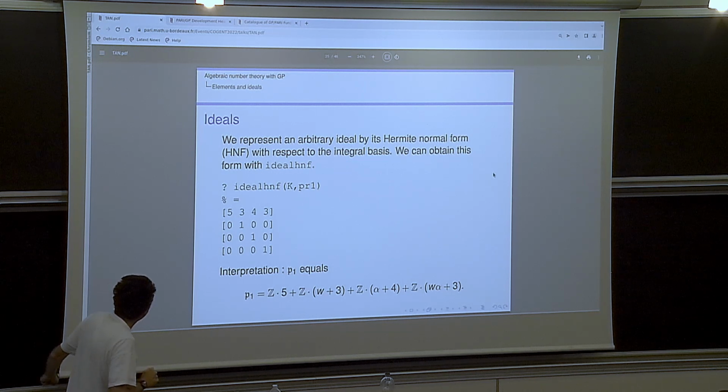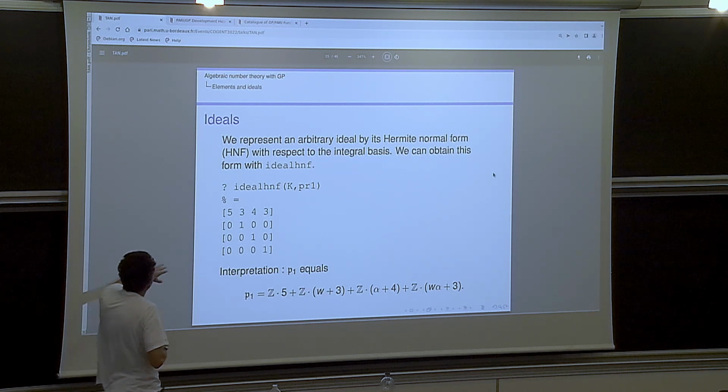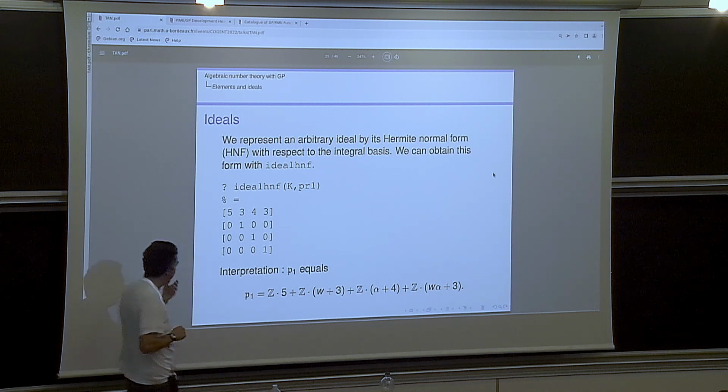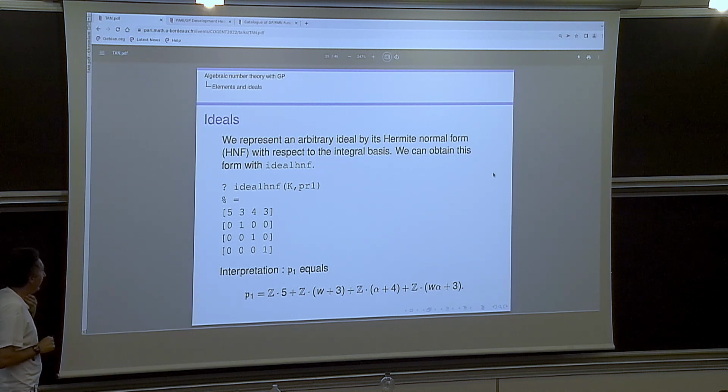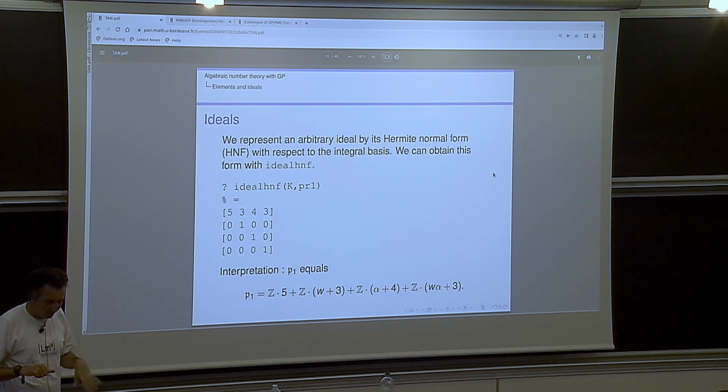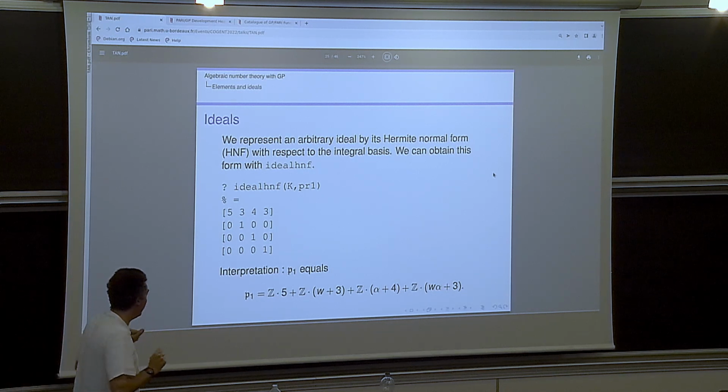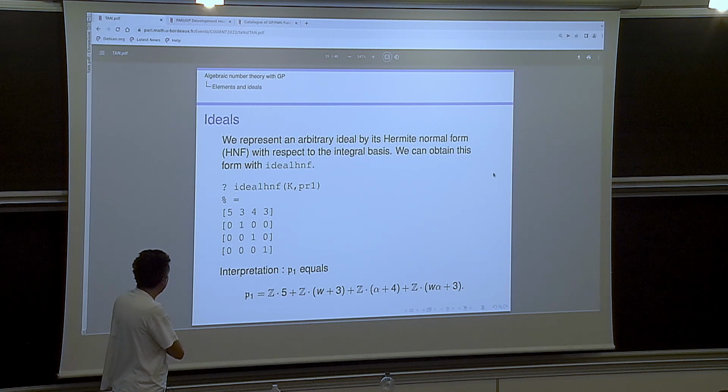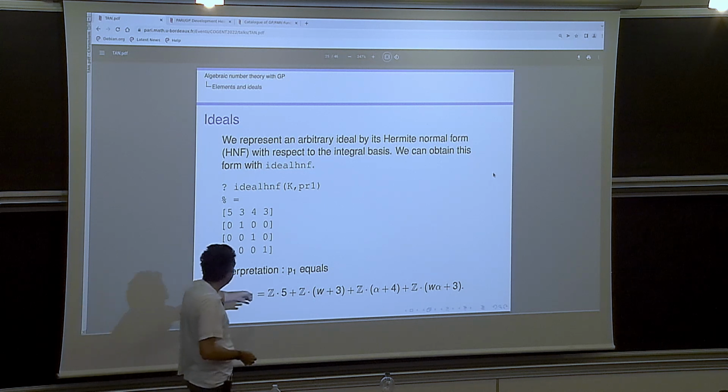That gives you the normal form of the Z basis. So this is understood with respect to the integral basis. Okay? So that gives you 5.